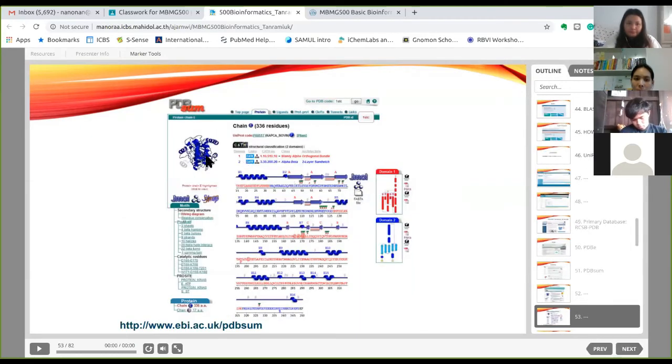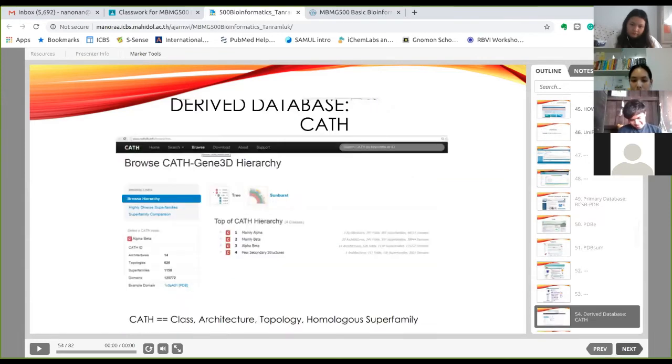So in PDBsum, it will show you the amino acid sequence and also have pretty pictures to describe which one is alpha helix, which one is beta sheets, and then it shows you the ligand binding site. So that's the example of primary data source for protein structures.